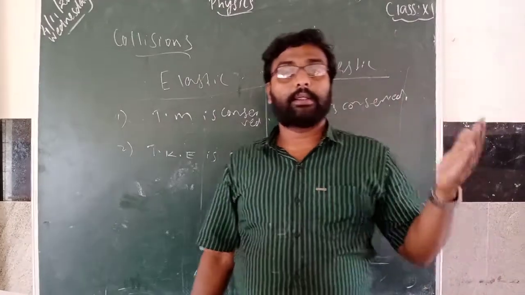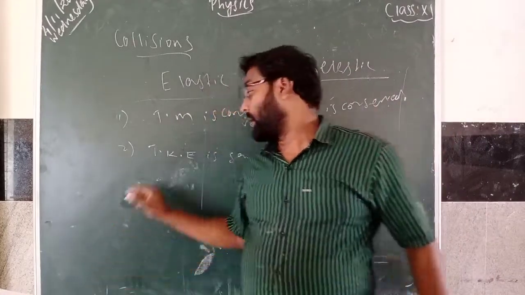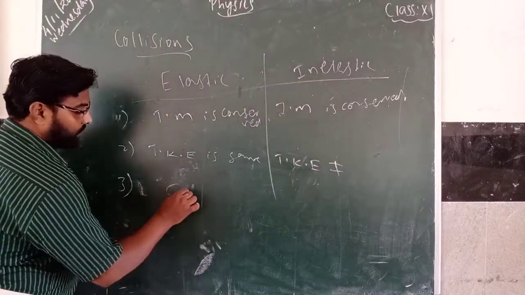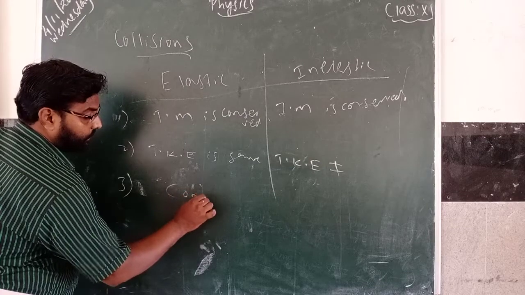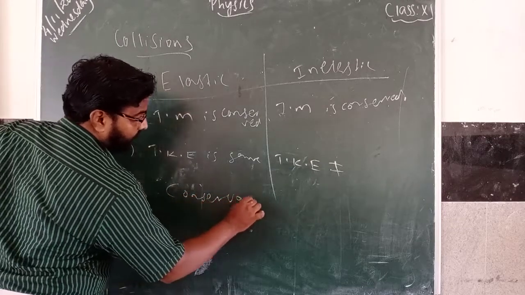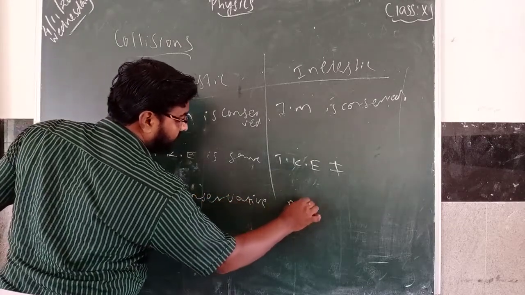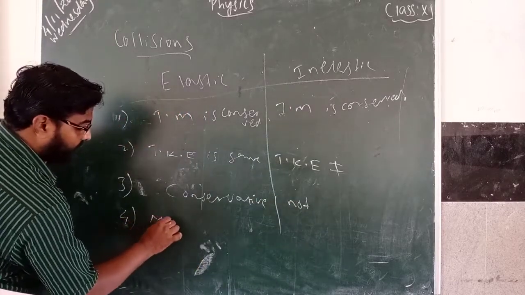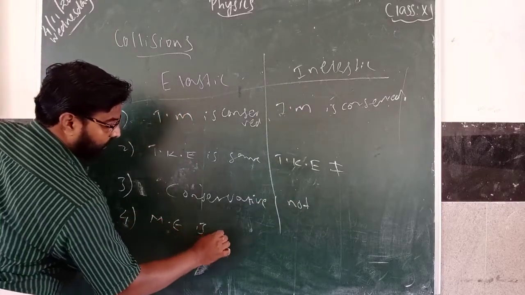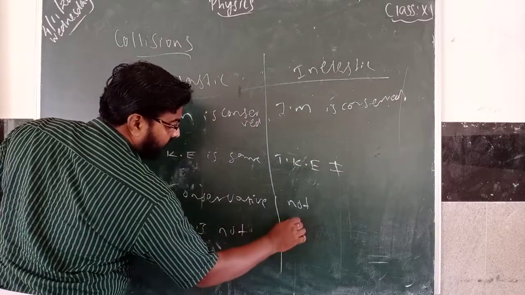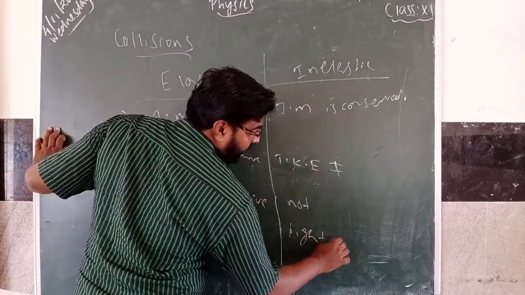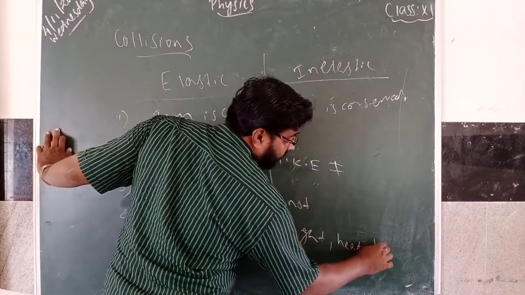And the last difference is that mechanical energy is not dissipated. Here, forces are conservative. There, not conservative. And the last one, mechanical energy is not dissipated. Here, light, heat, sound.